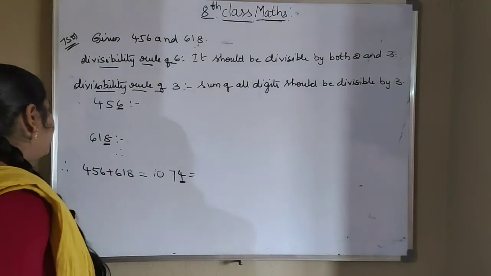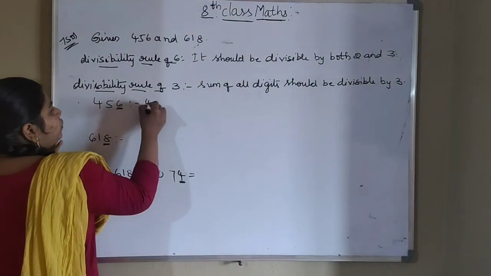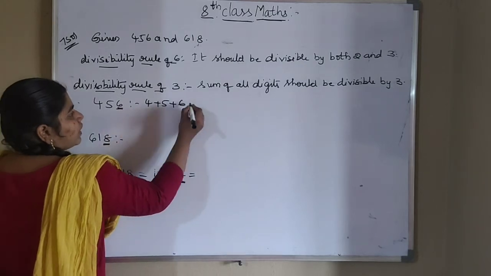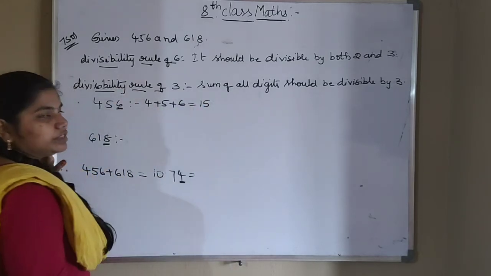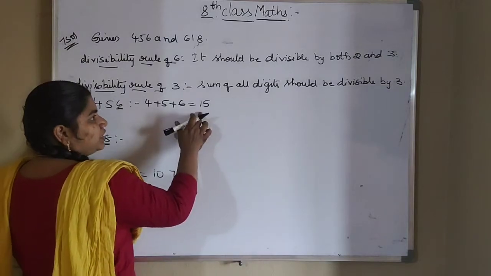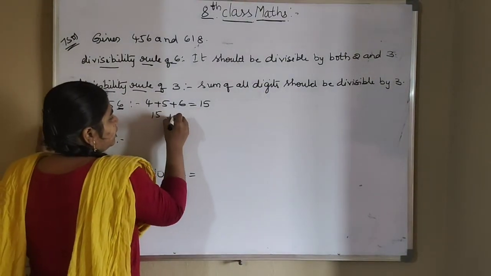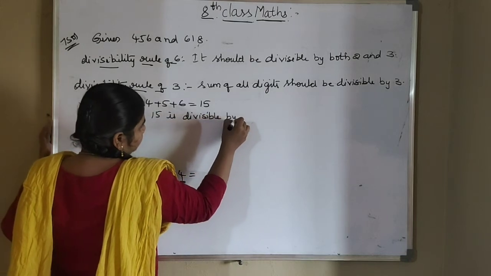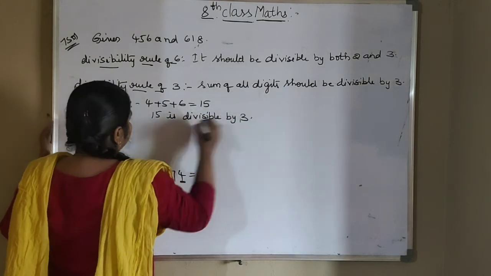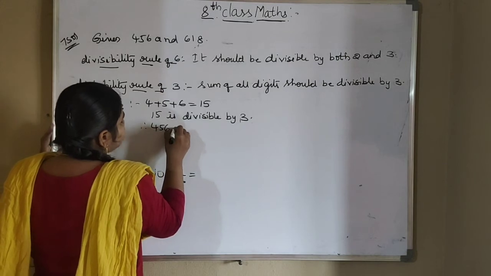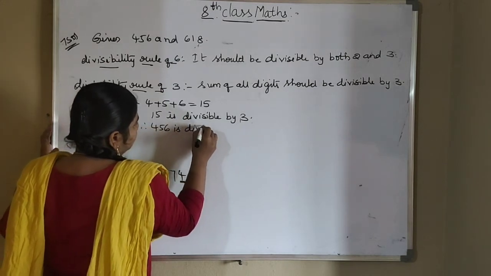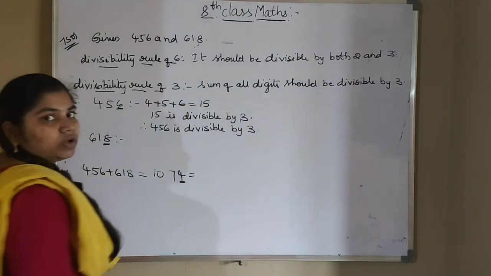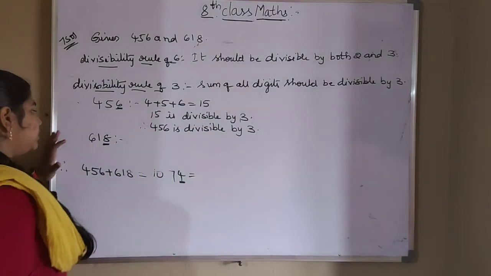Now add all the values. 4 plus 5 plus 6. 4 plus 6 is 10. 10 plus 5 is 15. 15 is divisible by 3 because 15 is a multiple of 3. Therefore 456 is divisible by 3.